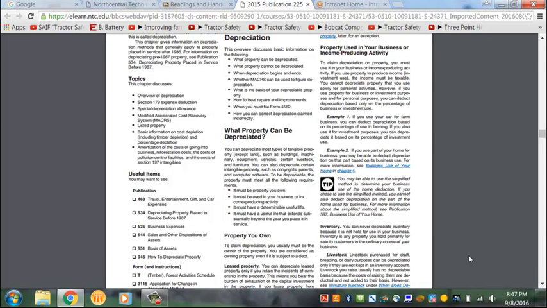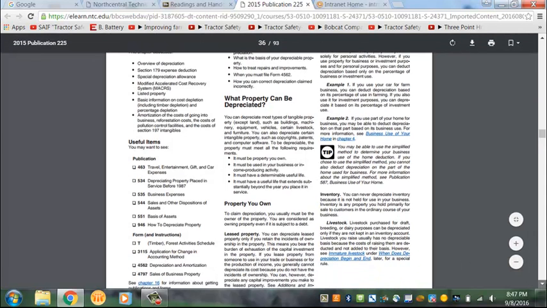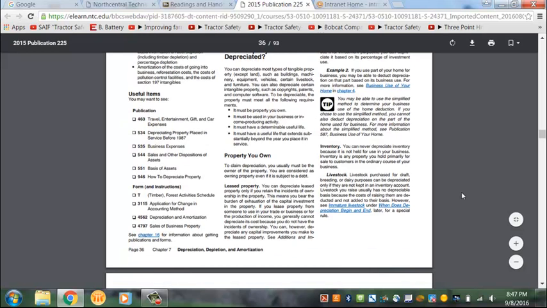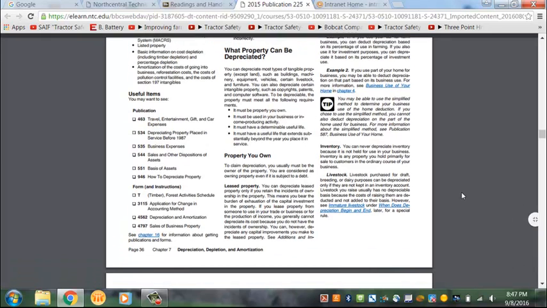A couple of things that cannot be depreciated are inventory and land. Land never gets depreciated because it really doesn't lose its value. And inventory that is held for use in the business is not depreciable because it's used in the ordinary course of the business.